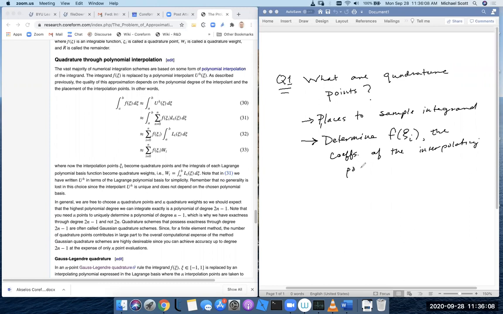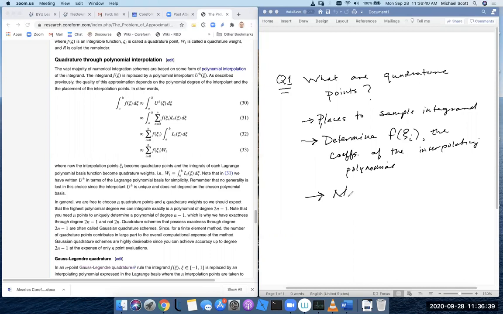Okay, what else are they? They're fun. Okay, they're fun. So what's the strategy behind how we pick their location? What are we thinking about when we pick the location of the points? What are we trying to minimize or maximize? Runge's phenomenon.